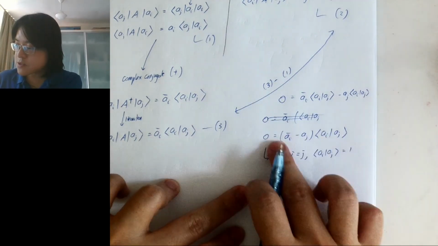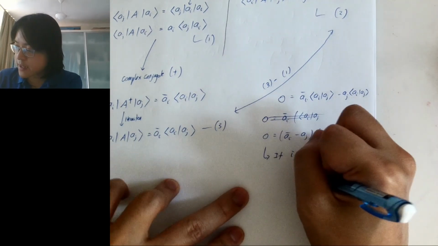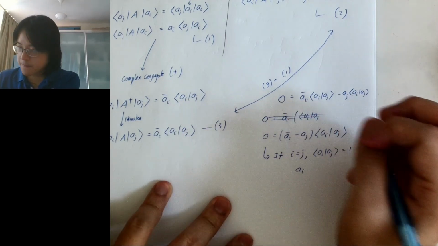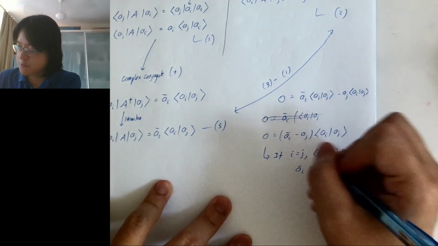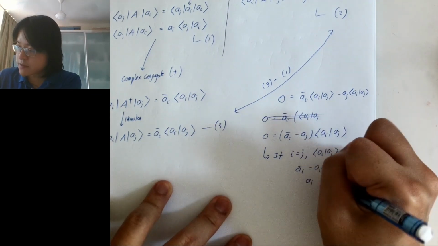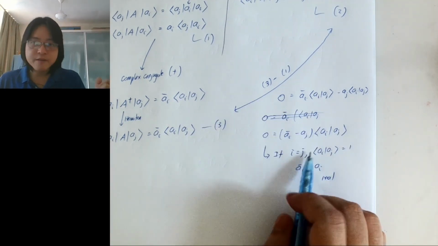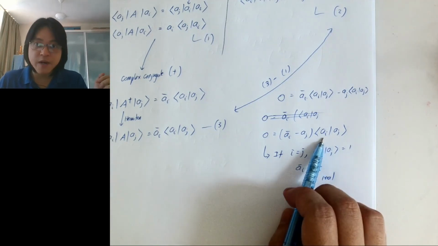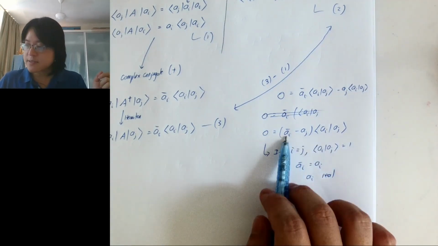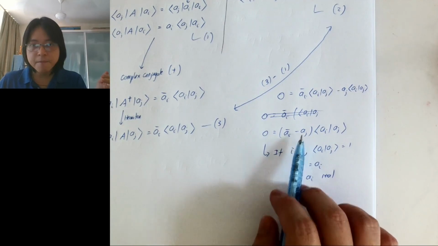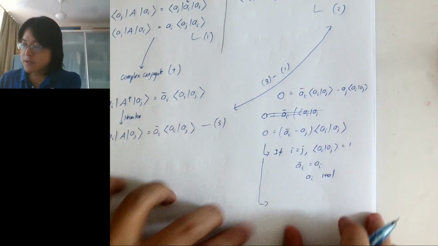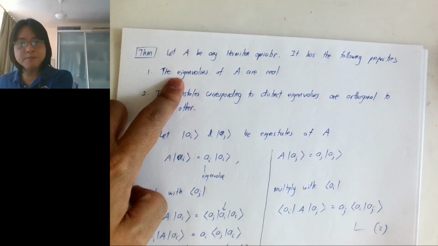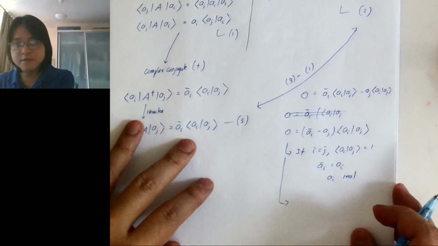Then we conclude that a_i bar is equal to a_i, which is to say that a_i is real. We are talking about the case where j equals i, so this is a_i bar a_i. Okay, so this is real. So we have proven point number 1 already. The eigenvalue is real.